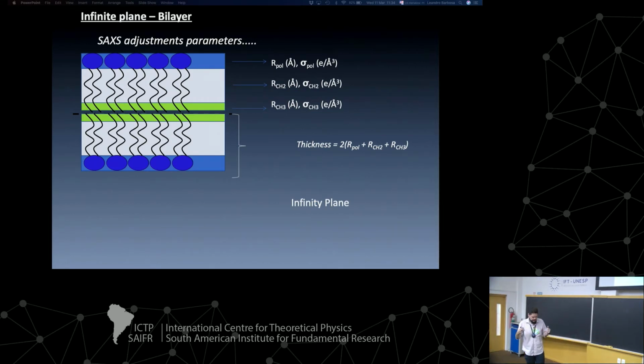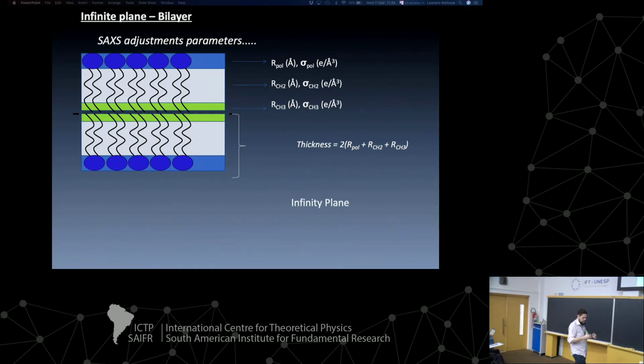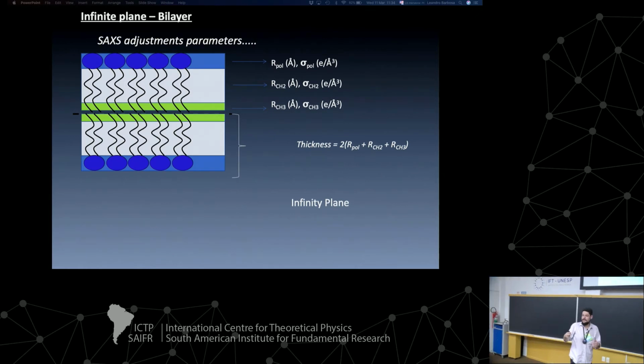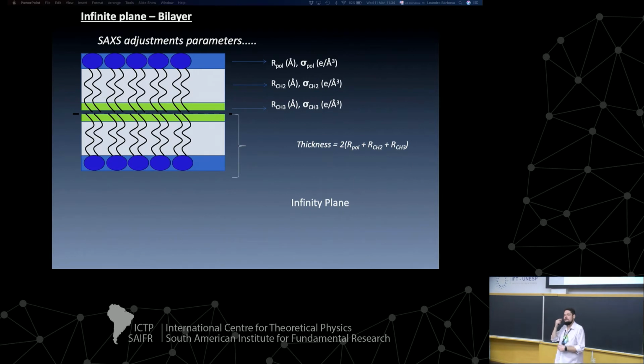Because you have to avoid having too many fitting parameters and too few scattering curves. You may overfit your problem, which means that you may have several different solutions to the same experimental curve. And this is a problem. How can you be sure that solution 1 is correct and solution 2 is not correct if both of them have good fitting response?